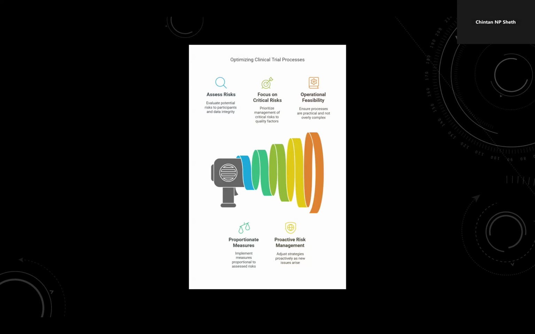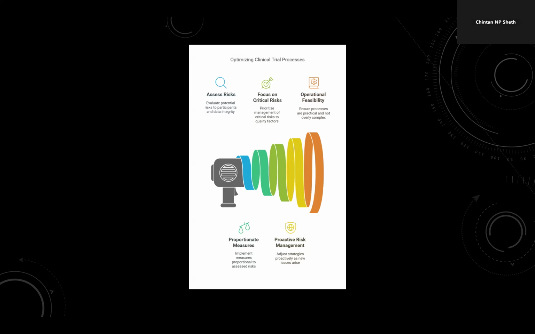Trial processes should be operationally feasible and avoid unnecessary complexity, procedures, and data collection. Trial processes should support the key trial objectives. The sponsor should not place unnecessary burdens on the participants or on the investigators.